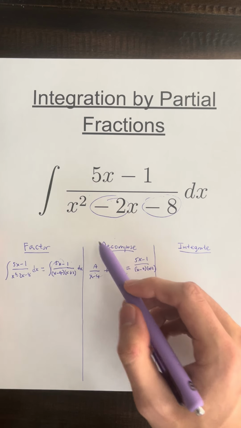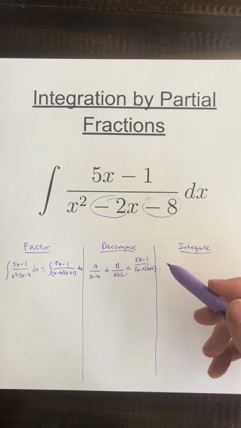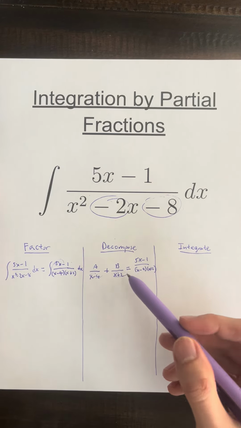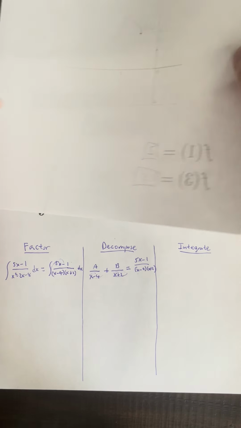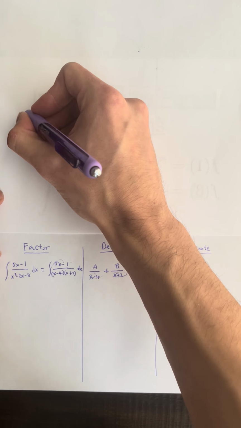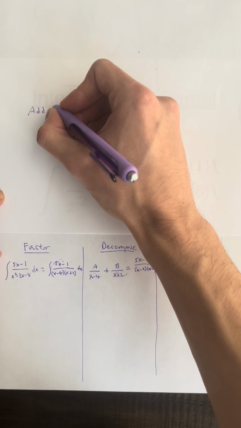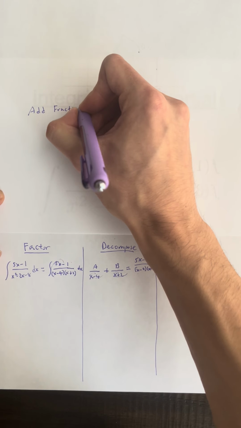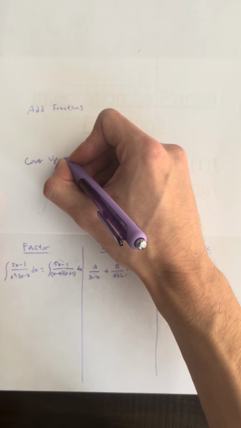With partial fraction decomposition, what are the 2 steps? The 2 steps are add the fractions and then cover up method.